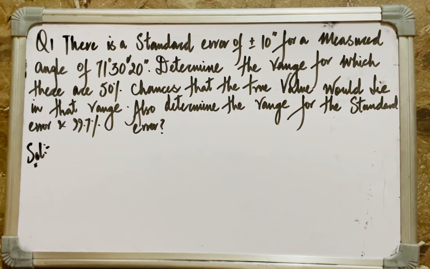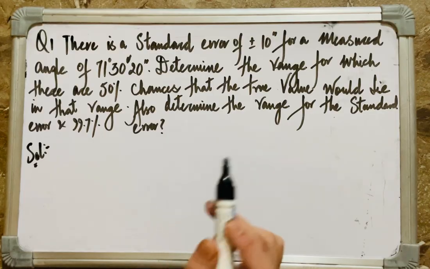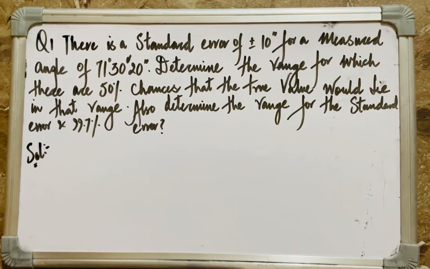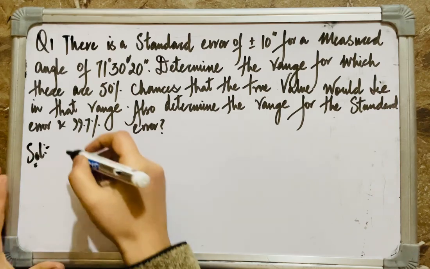We don't know the exact true value of any quantity, which indicates we also don't know the true error, because true error is the difference between the measured value and the true value. And the true value is that value of any quantity which is free from every type of error. So the range in which there are 50% chances that the true value would lie is given by the most probable error.